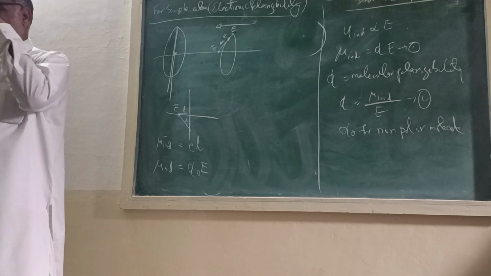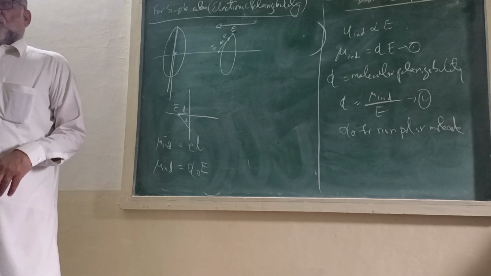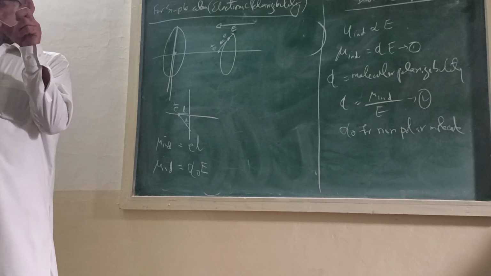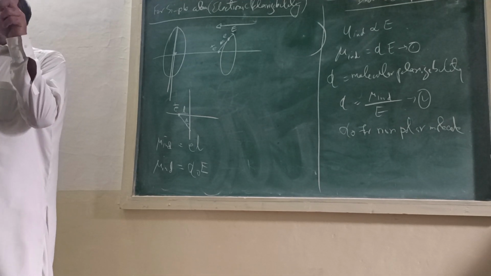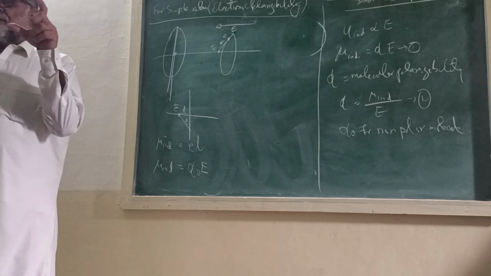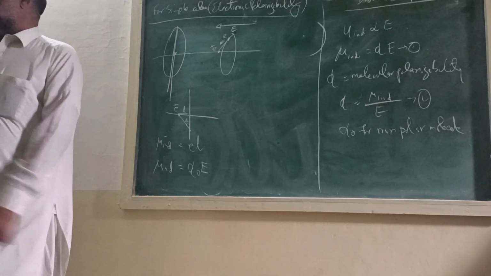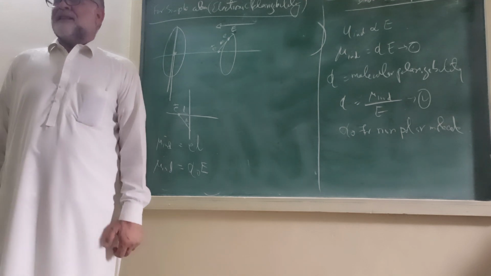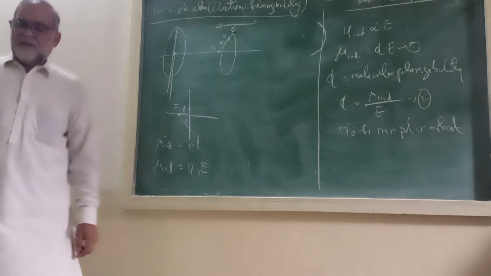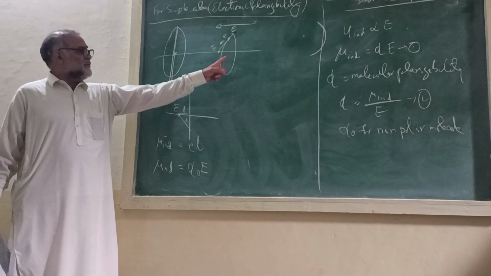But there is an internal Coulombic force as well between the nucleus and the electron. Finally, this external force and the internal force will balance each other, and that will be called the equilibrium. This is now the equilibrium situation.